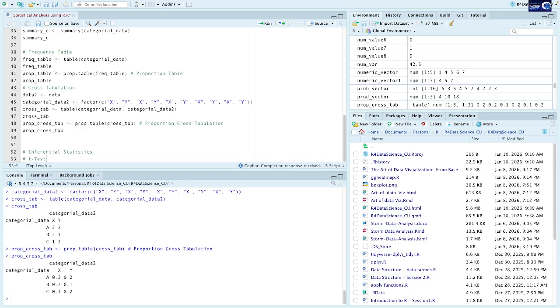What is the use of a t-test? Why are we using a t-test?